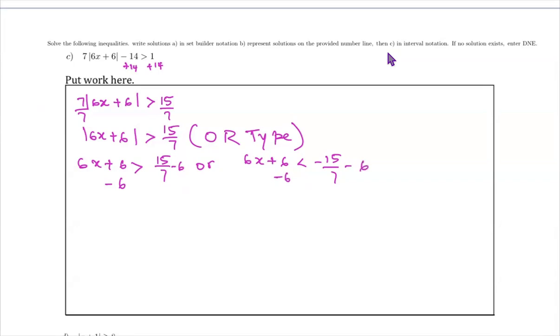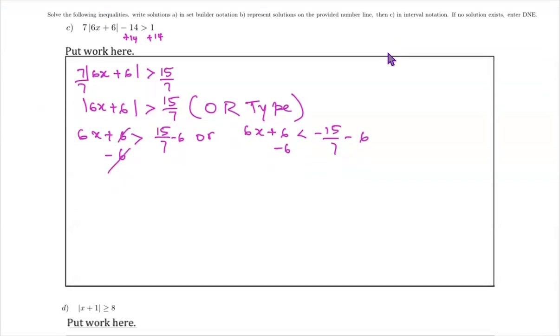Now, when we subtract 6 on both sides, the 6 cancels, and 6x will be greater than 15 minus 42. That is negative 27 over 7, or 6x less than negative 15 plus 42.